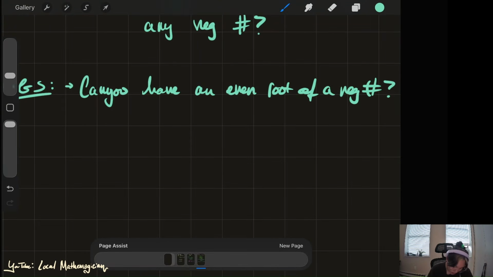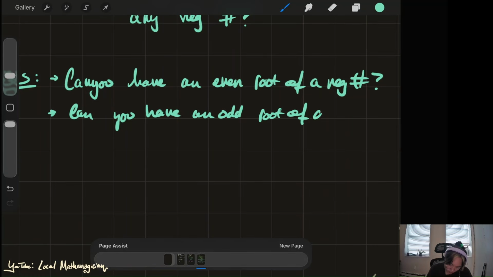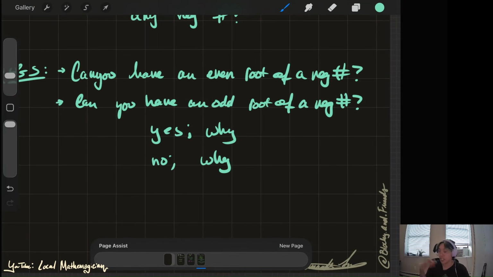And the follow-up as well is, can you have an odd root of a negative number? If yes, why? If no, why? Okay. And can it be any even number? Can it be any odd number? Okay.